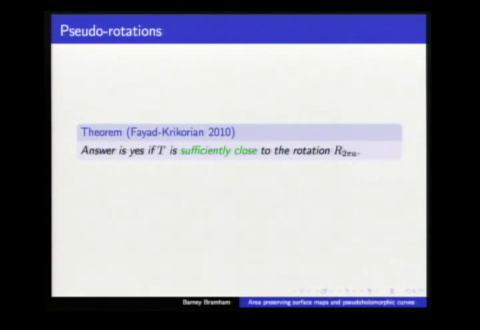And then on the next slide, also a really remarkable theorem that says that the answer to Herman's question is yes, if you already assume that your system is sufficiently close to a rotation. That's in a differentiable sense, but with finite differentiability. And you can still conclude C infinity conjugacy to a rotation.